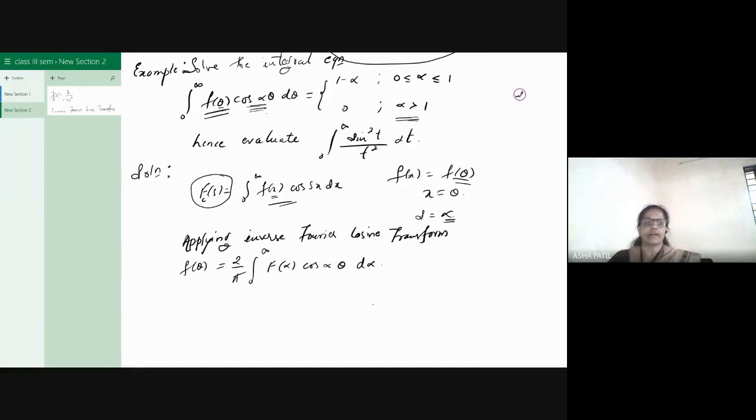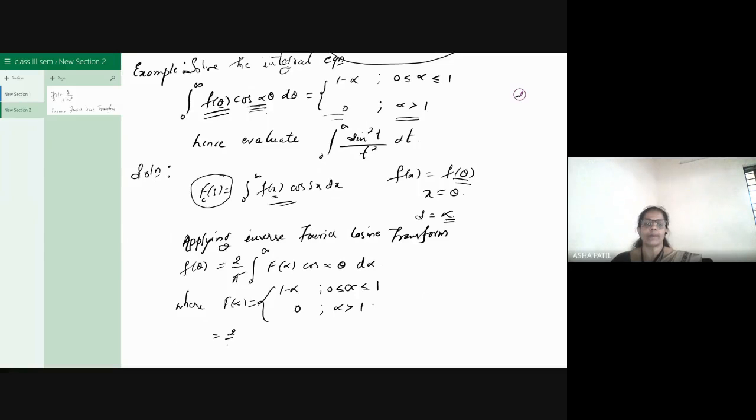What is F of alpha? From the given function, this is our answer, F of alpha. It is 1 minus alpha for 0 less than or equal to alpha less than or equal to 1, and it is 0 for alpha greater than 1. Right? Now how to split this integration?